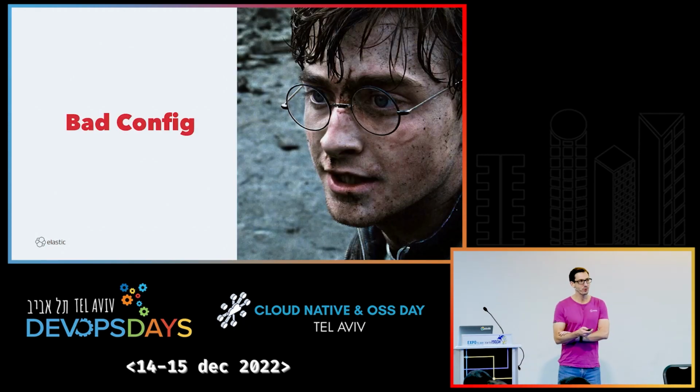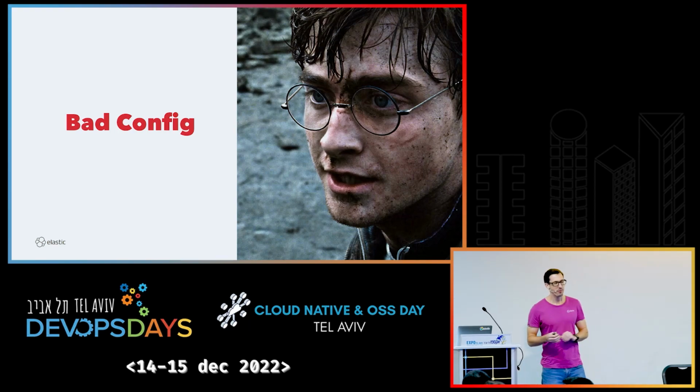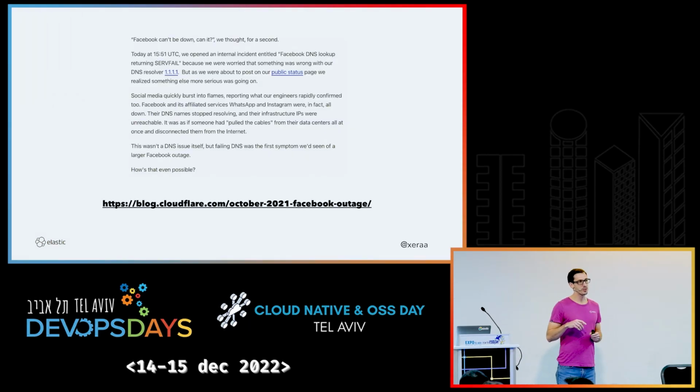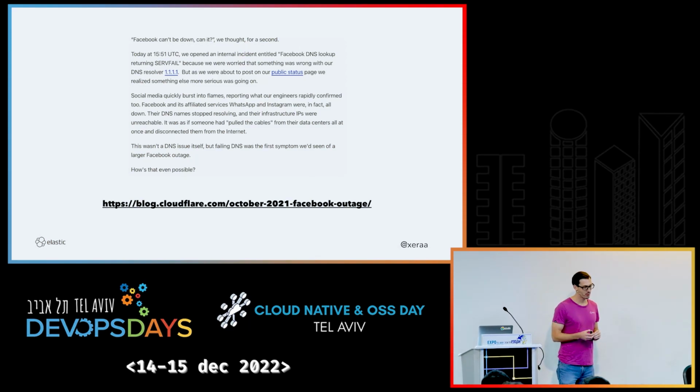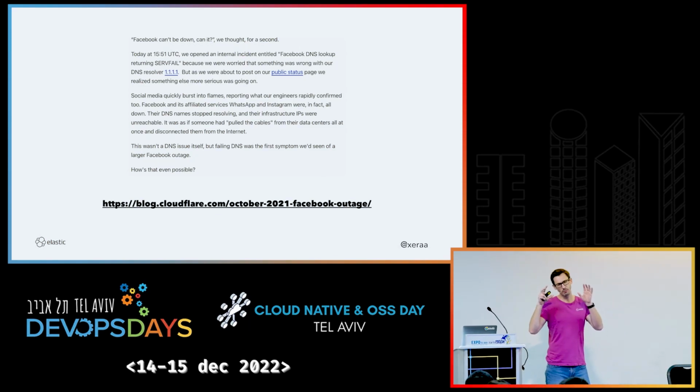And finally, bad configurations. Maybe you remember that more than a year ago there was this big Facebook outage which took down WhatsApp, Facebook and Instagram, and it almost took down the entire internet, or at least for some people. Then there were these wild stories. I think the problem in the end was that they didn't properly announce the DNS configs, but the problem was actually a config issue in the background.